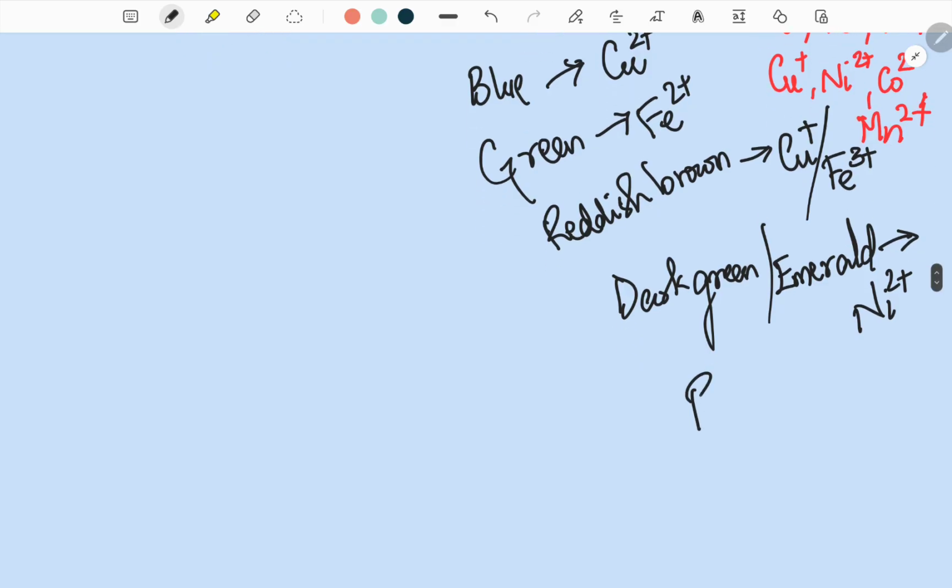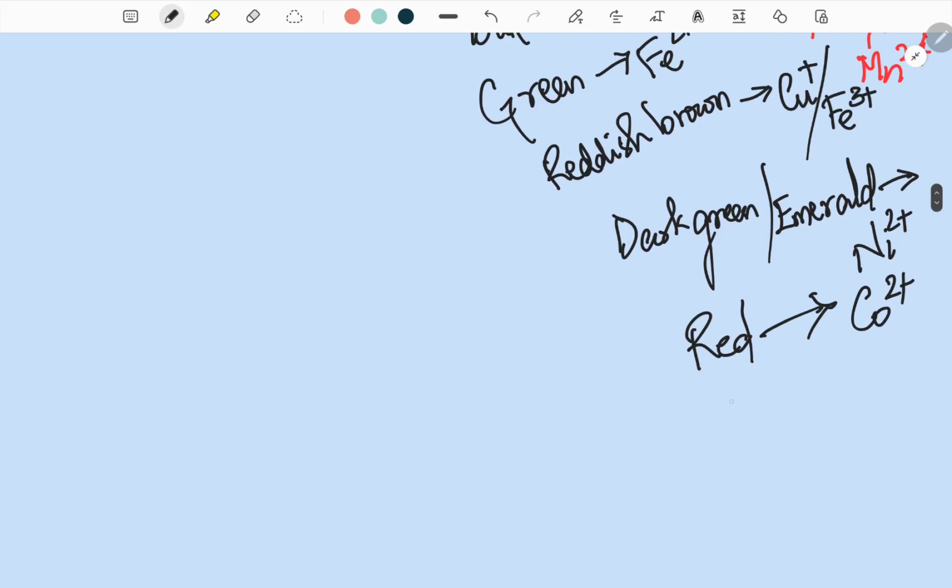If your salt is red, or you can say dark shade of pink, then you can say the cation is cobalt. And if your salt is pink, you can say it is manganese.